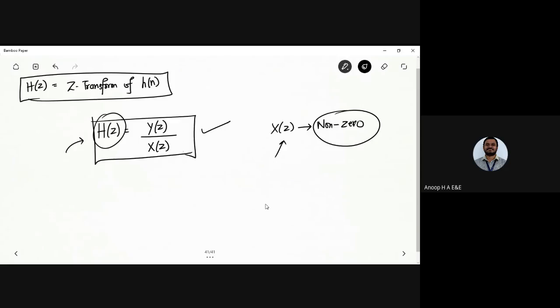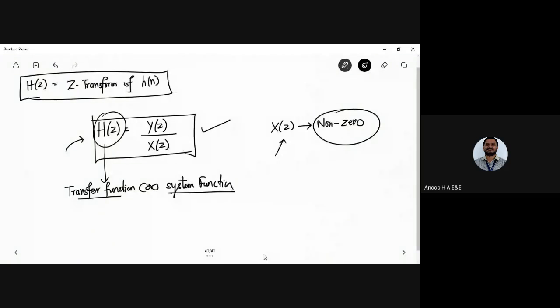So h of z is said to be the transfer function, or the system function.